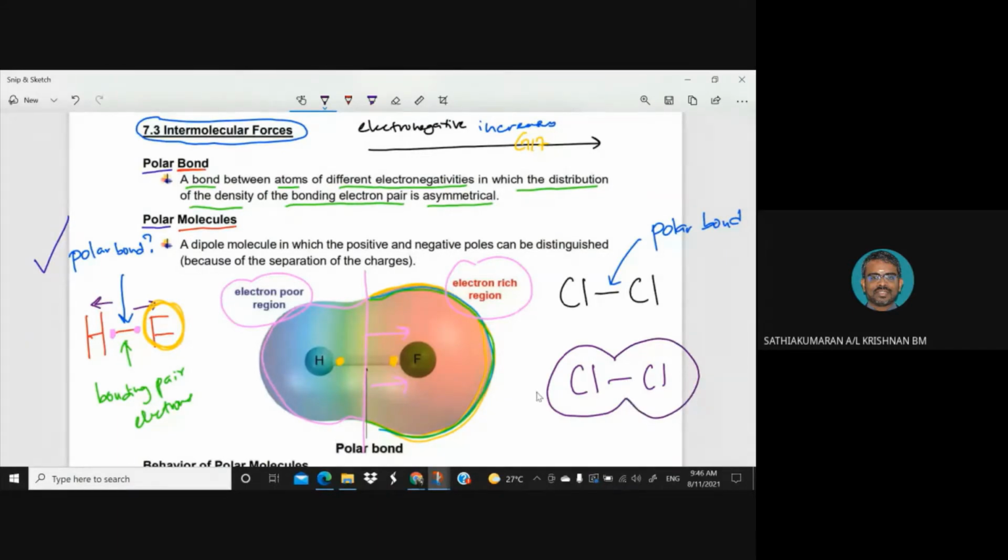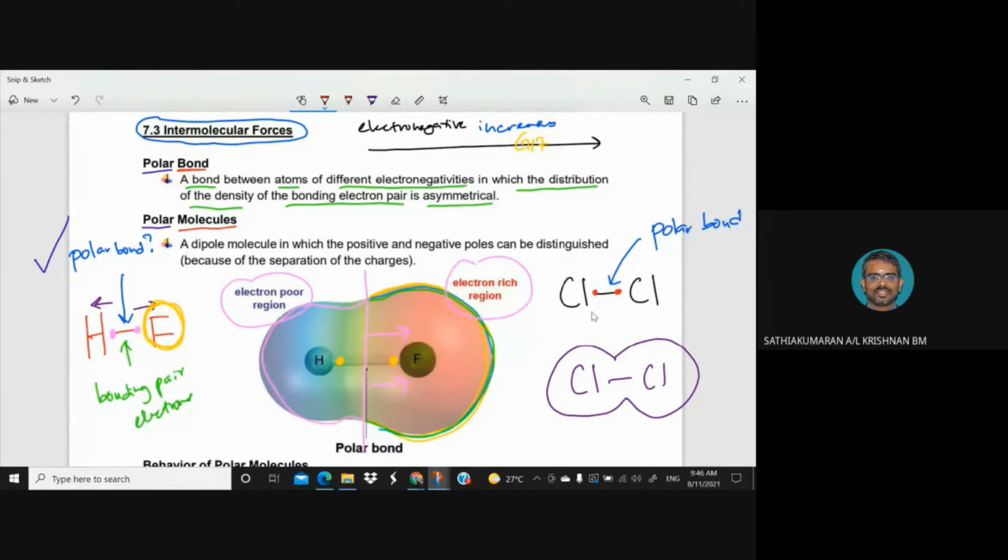First thing, I have to check: does it have different atoms? No, same atom. Here is atom chlorine, and this side also has atom chlorine, same atom. Same atoms will have the same electronegativity, that means the tendency to attract this bonding pair of electrons will be the same.